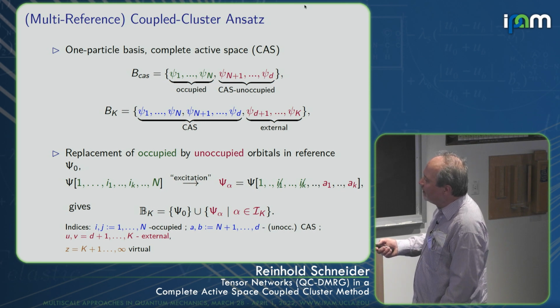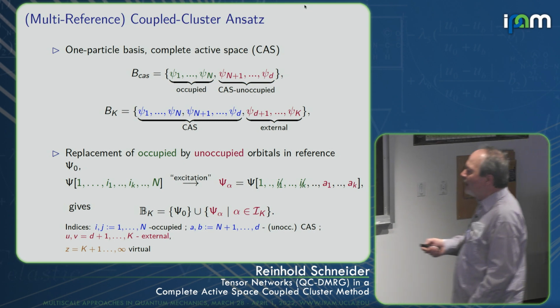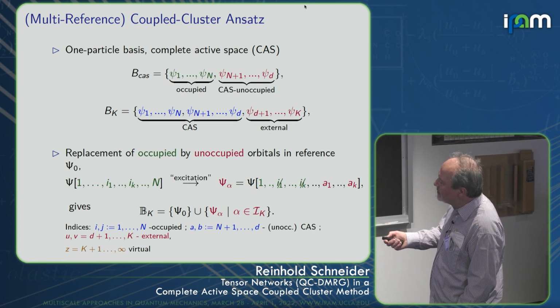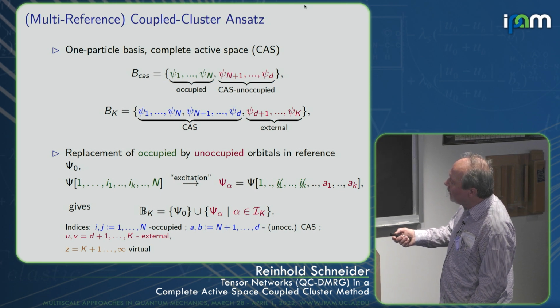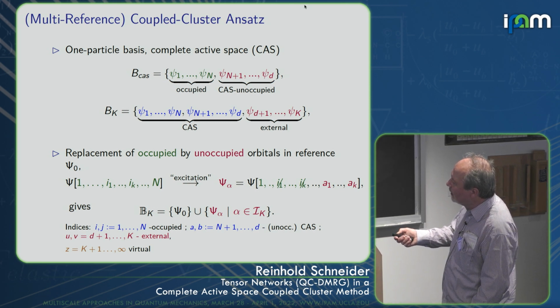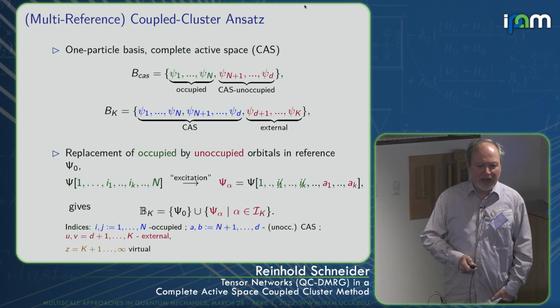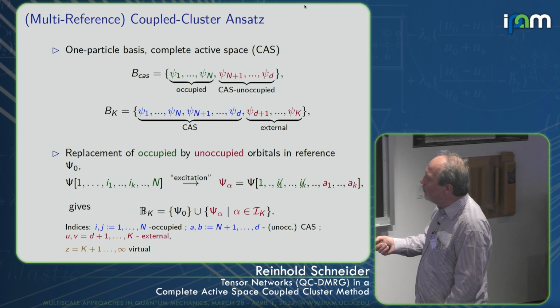So if we have n electrons, then we have here n orbitals, and then we add this set of orbitals. These are orthogonal basis functions, d additional ones, and we call this the active unoccupied orbitals. Yeah? And the d is a relatively small number.